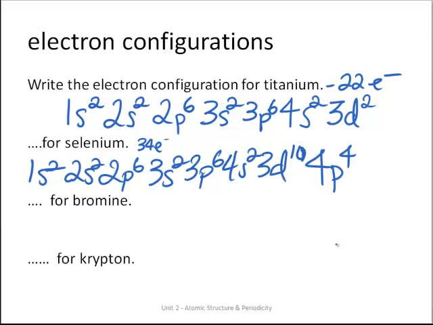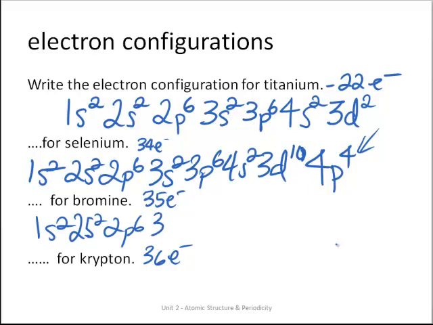Now, we specifically want to look at the next 2 elements, bromine, which has 35 electrons, and krypton, which has 36 electrons. You'll notice that because we fill the electrons in the same fashion from bottom to top, the electron configurations are going to be very similar, except for the electrons in the highest energy level. So bromine will look almost exactly the same: 1s2, 2s2, 2p6, 3s2, 3p6, 4s2, 3d10.